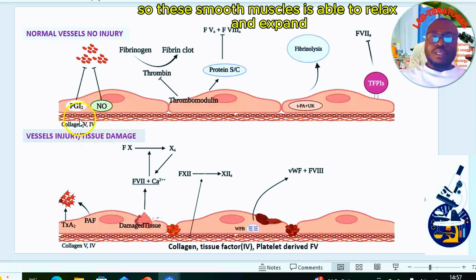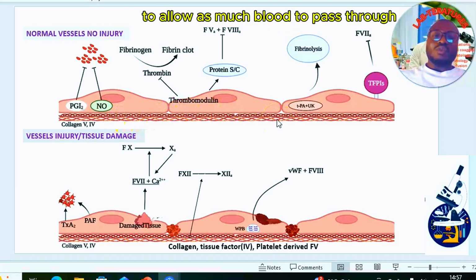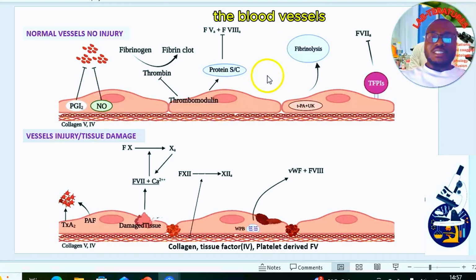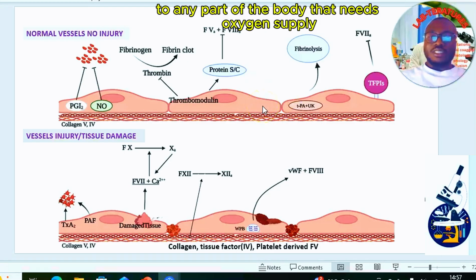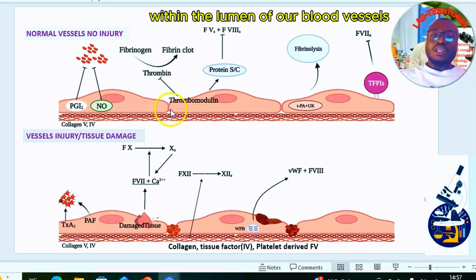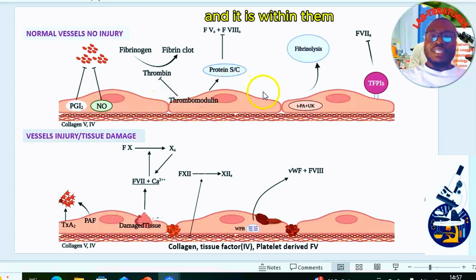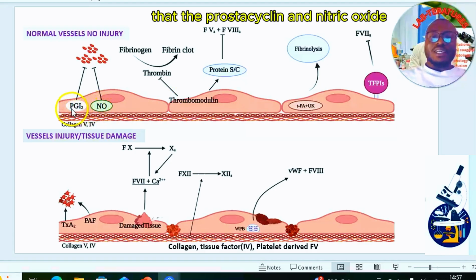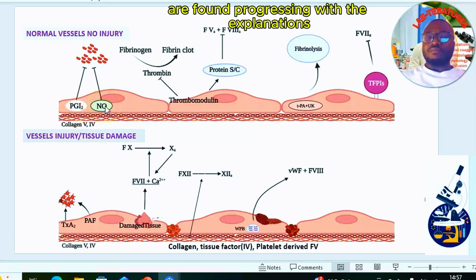So these smooth muscles are able to relax and expand to allow as much blood to pass through the blood vessels to any part of the body that needs oxygen supply. This is the endothelial layer, which is an epithelium within the lumen of our blood vessels, and it is within them that the prostacyclin and nitric oxide are found.